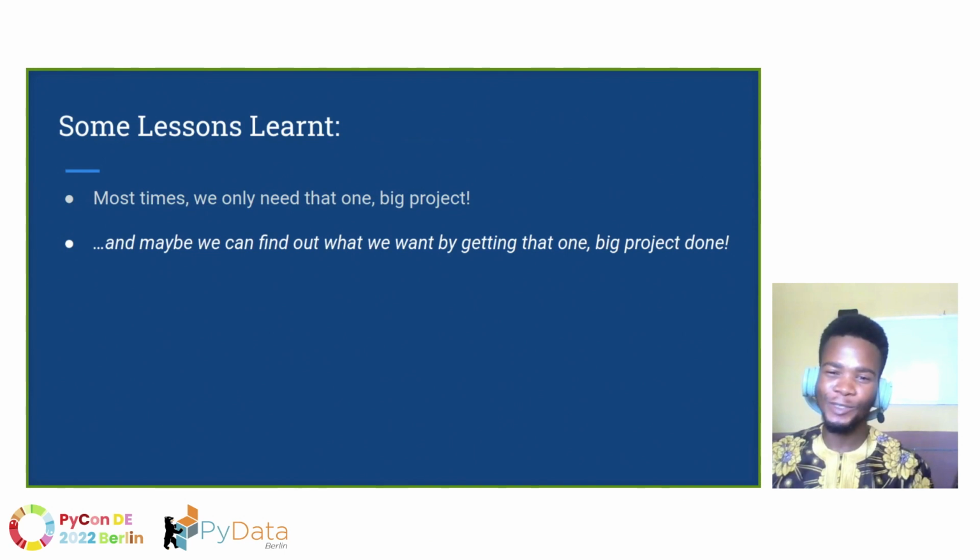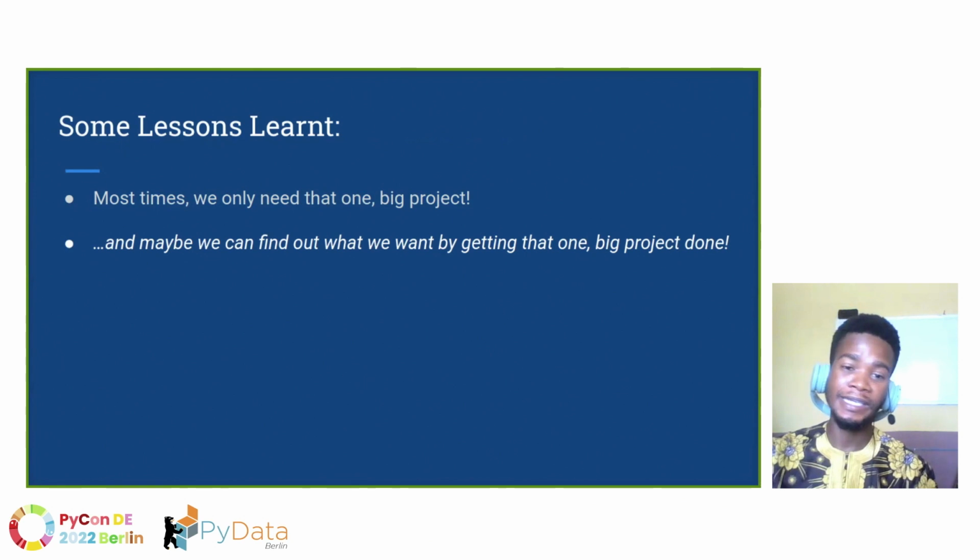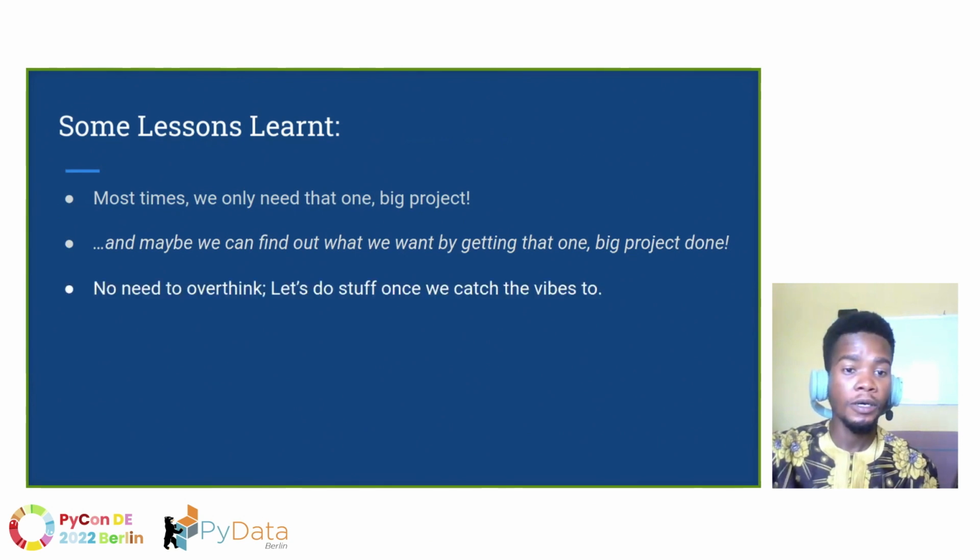But through this project, I realized that I really want to be a research scientist. That means I'll be going for a PhD if I really want to do that. I got that clarification by working on this big project and seeing the results. So that big project could most times define what we really want to do in life. Also, no need to overthink.